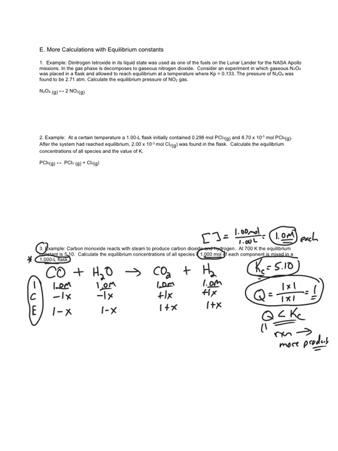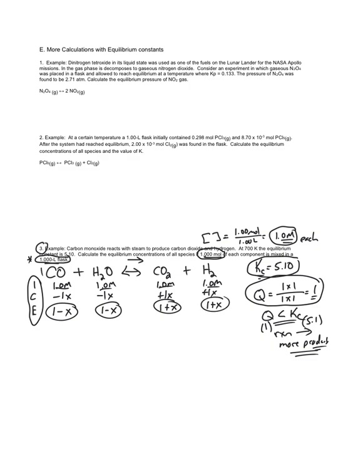The value of Q, 1, is less than the value of K. So by comparing Q versus K, I can predict that since Kc is bigger than Q, we need more products in order to get that ratio of products to reactants up to 5.1. So I now know, because of this comparison of Q to K, that the reaction is going to go right initially until equilibrium is established.